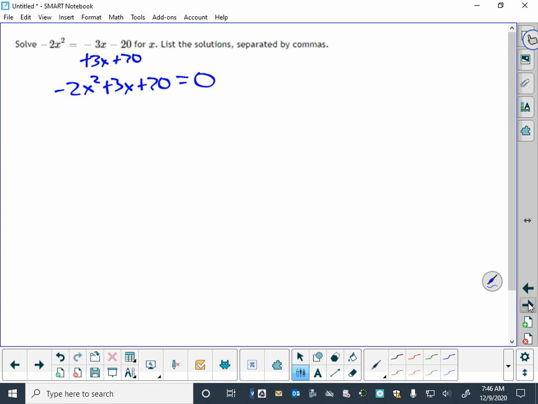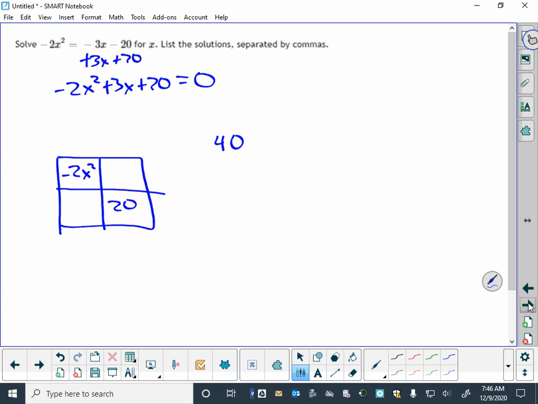Okay. And I may spend a little bit of time seeing if I can factor this. If I was going to factor it, we'll use our area model to help with that. This is going to end up being a negative 2x squared. This is going to be a 20. So I'm looking for two numbers that multiply together to give me negative 40, like the negative 2 and the 20 do, and add together to give me 3.